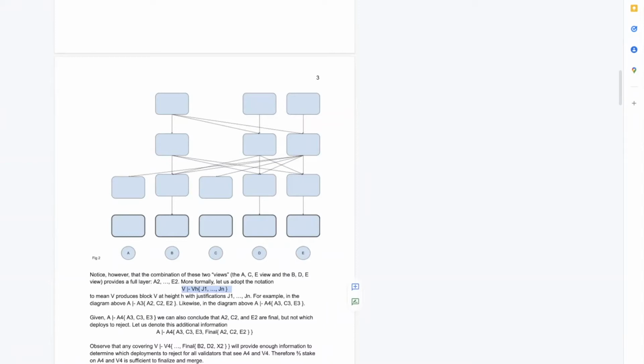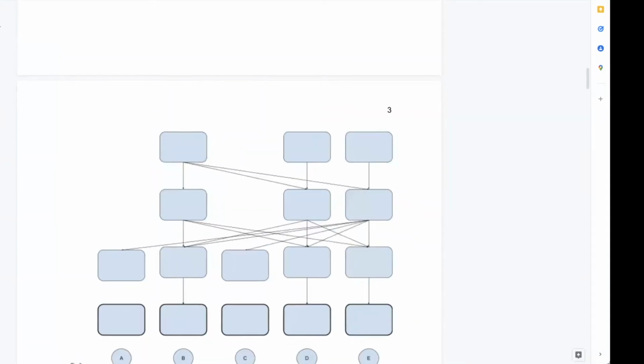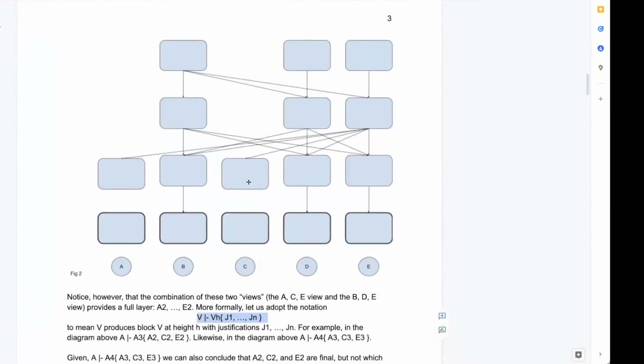So let me just expand this a little bit. Diagrams that look like this, we can express using a compact algebraic notation that looks like this. So let me go through what the meaning is.